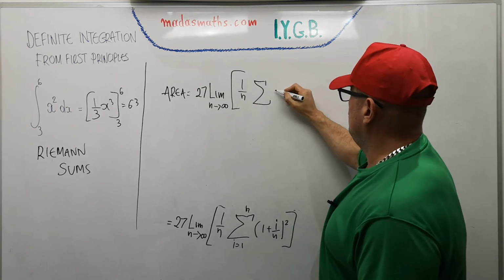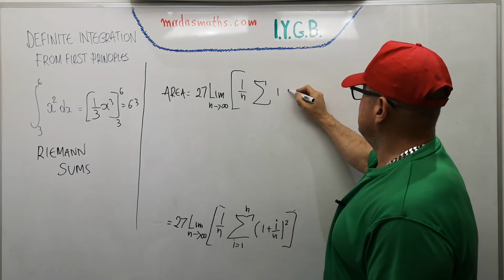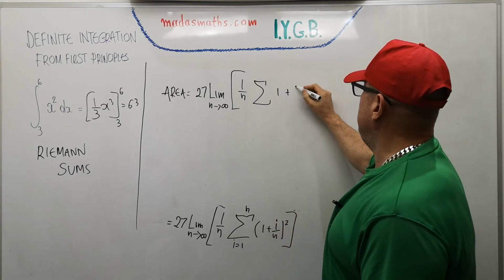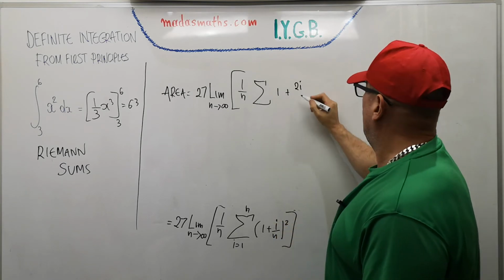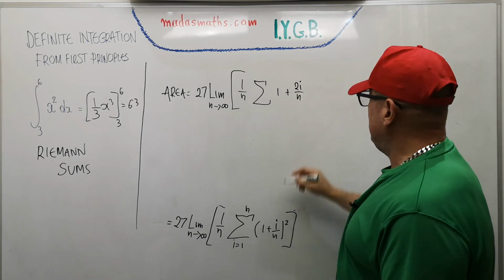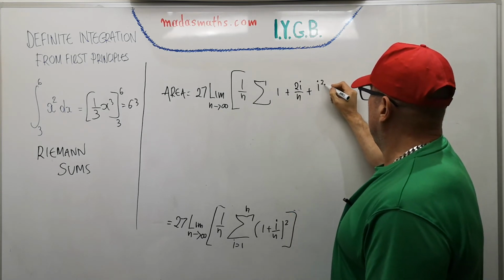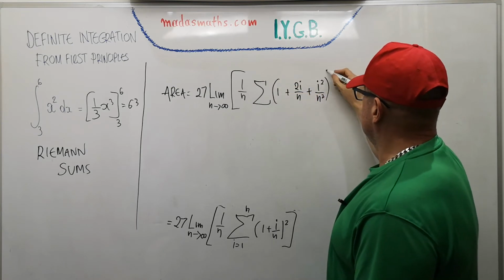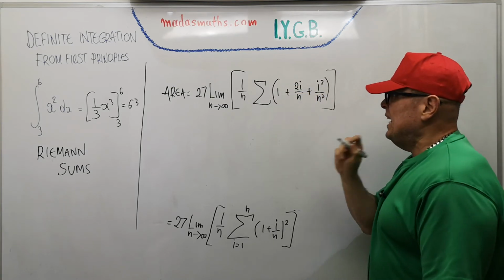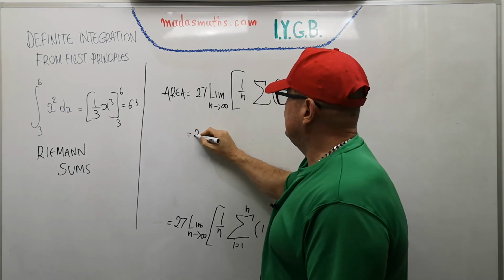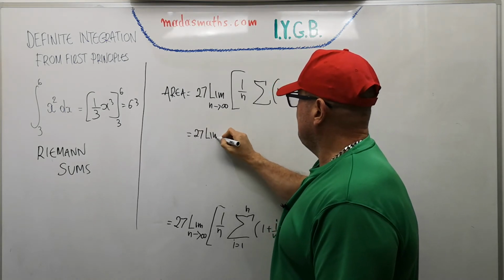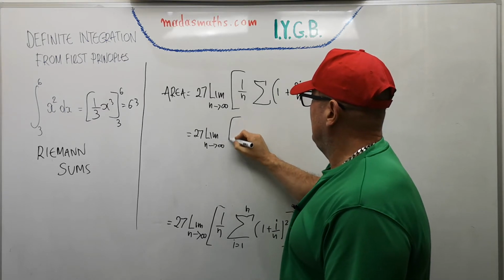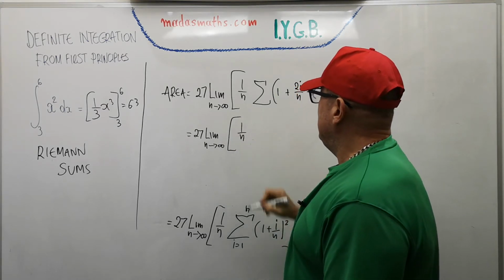So this is equal to 1 plus 2i over n plus i squared over n squared. That's the argument of the sigma. Close limit, equal 27, limit as n tends to infinity, 1 over n.